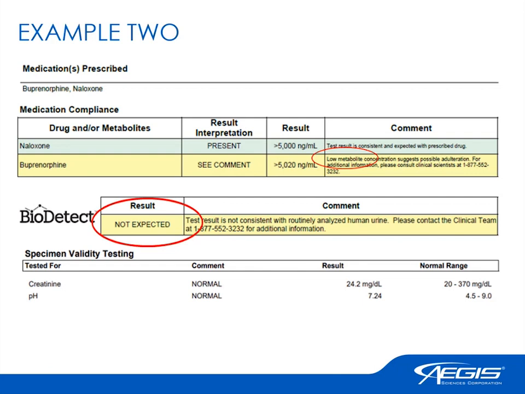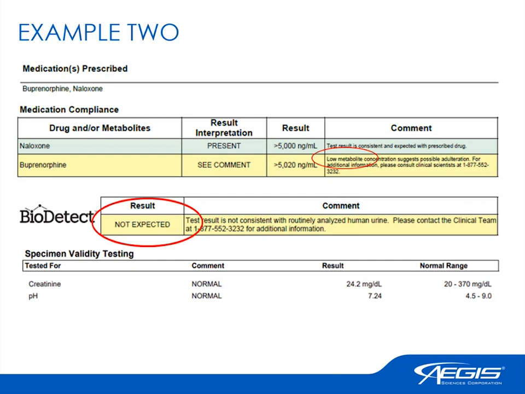This is more likely to happen with our metabolites, and so that is why you see this low metabolite. So the individual provided a sample that wasn't urine, placed a small amount of brand name Suboxone type product into the sample, and then the heating of the sample caused a low metabolite to show positive.